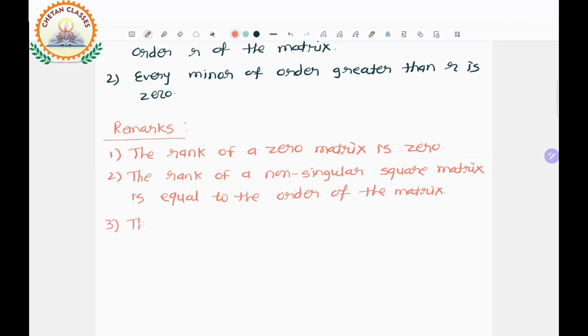Third, the rank of a singular matrix is always less than the order of the matrix.